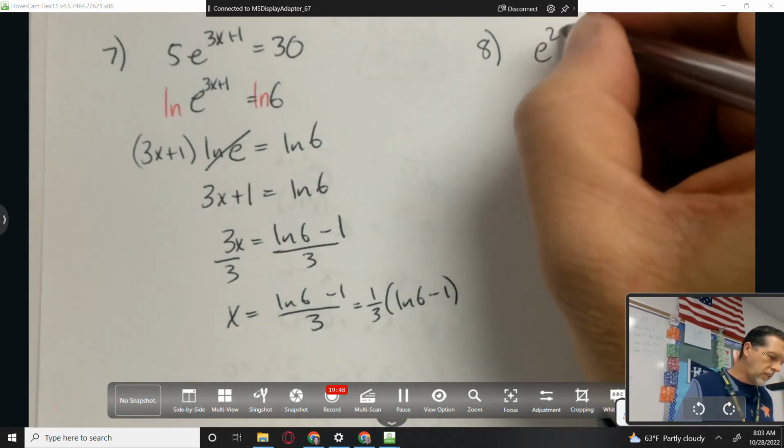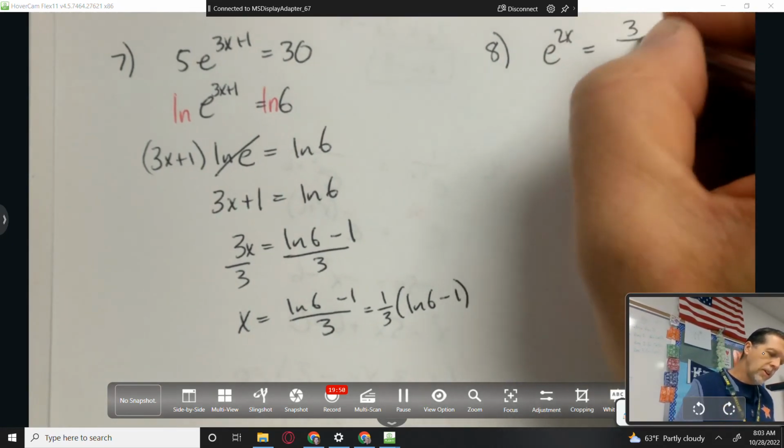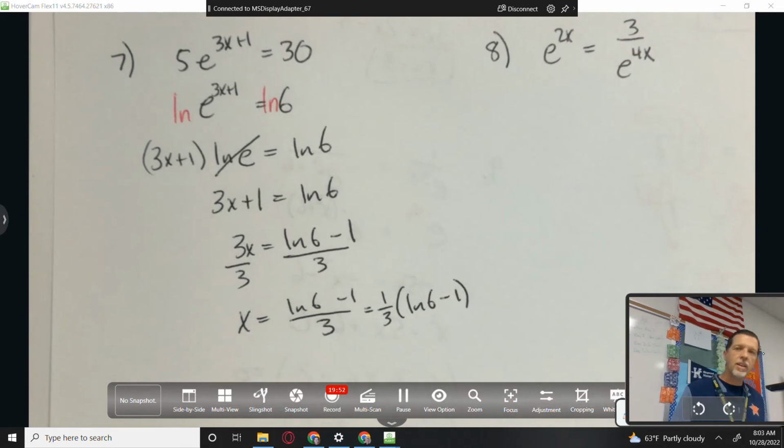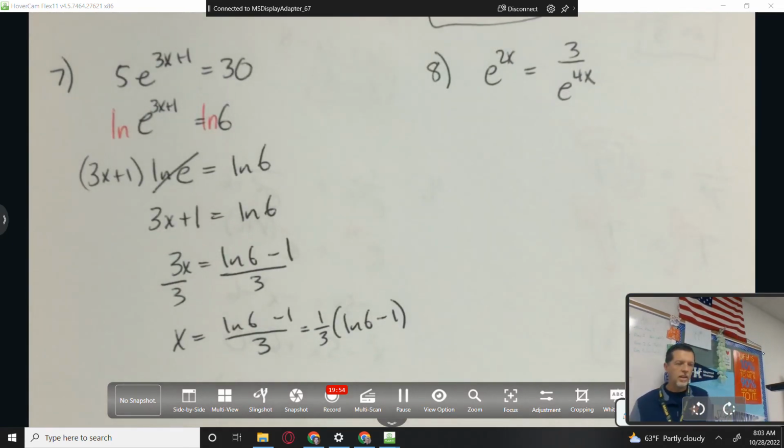Right, e to the 2x equals 3 over e to the 4x. What do you think? Like the fraction. What can I do to get rid of the fraction?